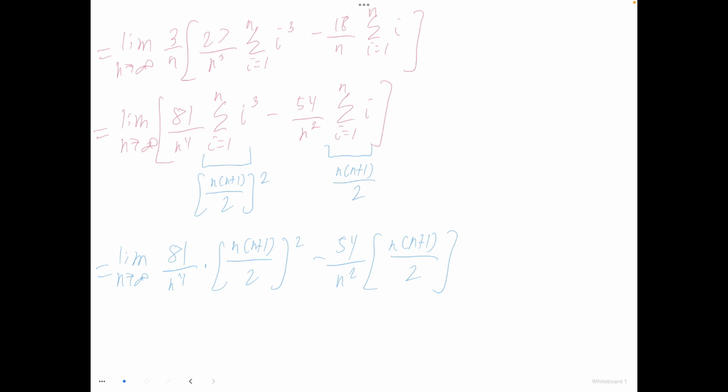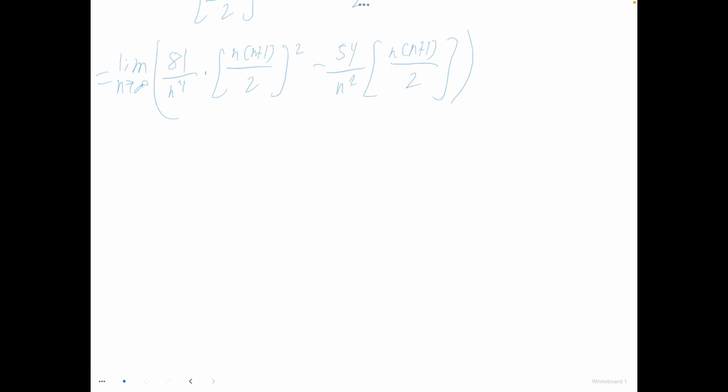And now we need to simplify this expression. So we have the limit as n goes to infinity. I'm going to multiply things out. And so we have 81 over 4, I'm just pulling factors out, and n squared times n plus 1 squared divided by n to the 4th.